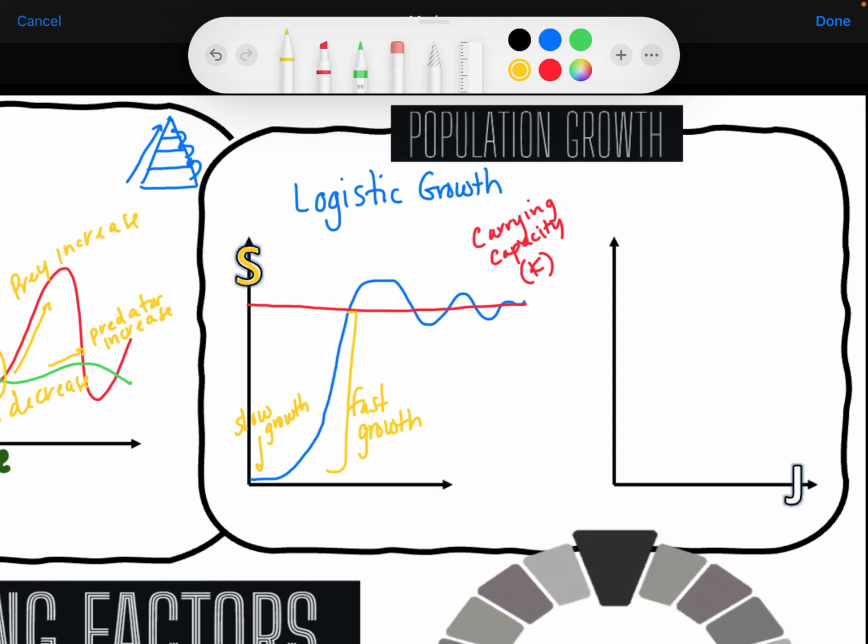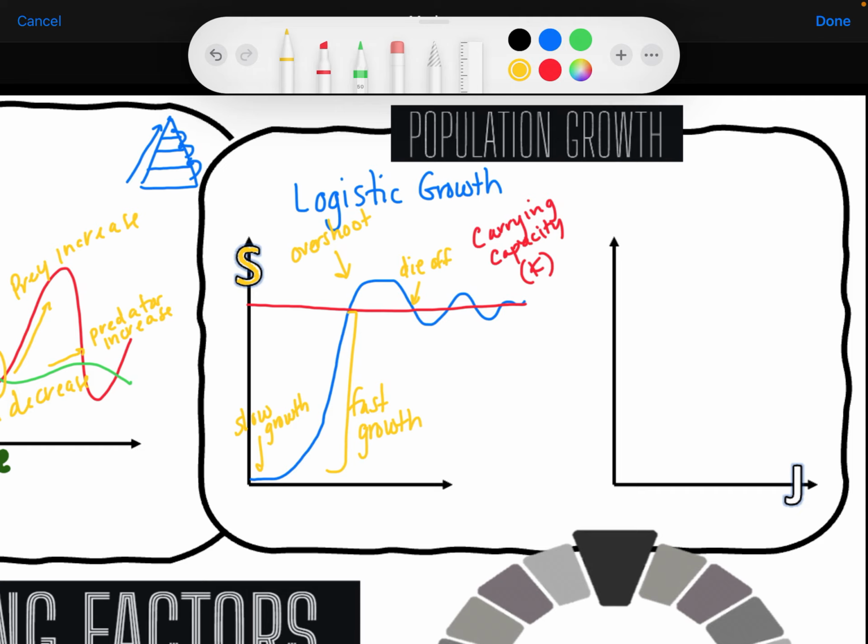But we've overshot our carrying capacity, so we have to have some die-off. So this is our overshoot, where there's too many organisms to be supported by the ecosystem. We have to get a die-off. And then there's some fluctuations here and there, but they pretty much then land right around the carrying capacity, because that's where the ecosystem is happy.